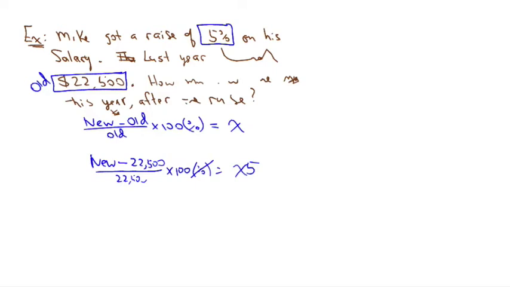All right, what I want to get is to the new. There's a lot of stuff attached to the new number. So what would you do first? To solve for new, what would you get rid of first? What's kind of in the way of getting to the new?